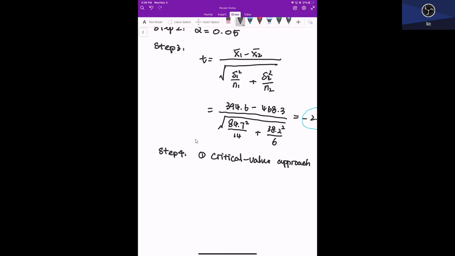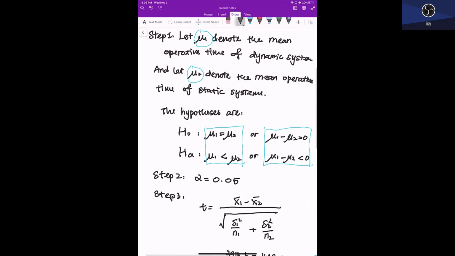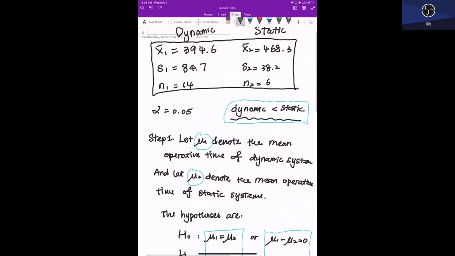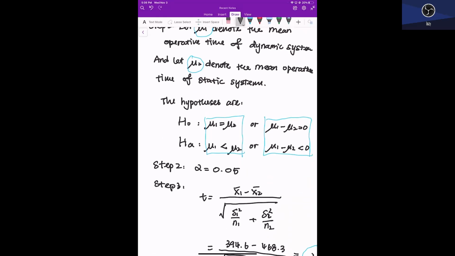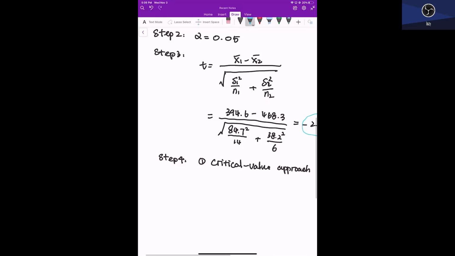In this case, because of our less or equal than sign, we have a left-tailed test, so we will have a left tail plus.